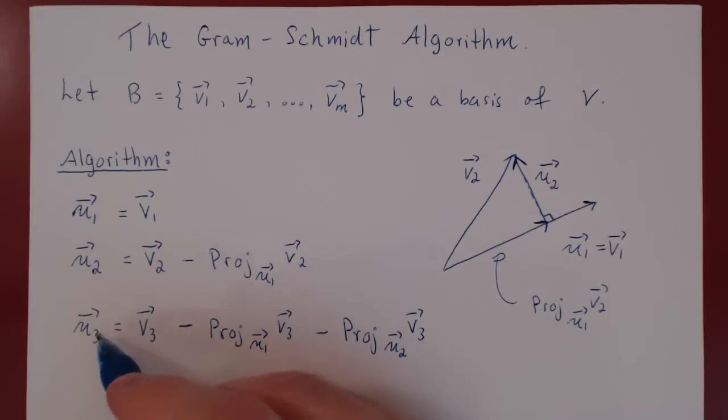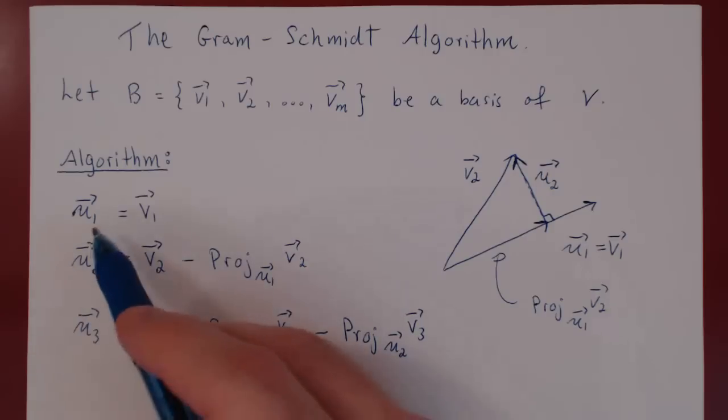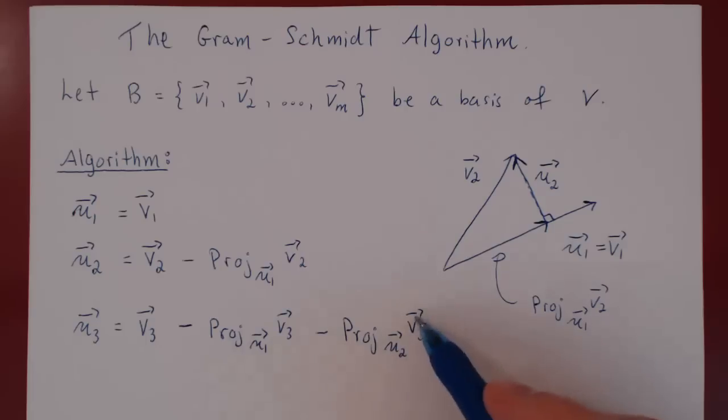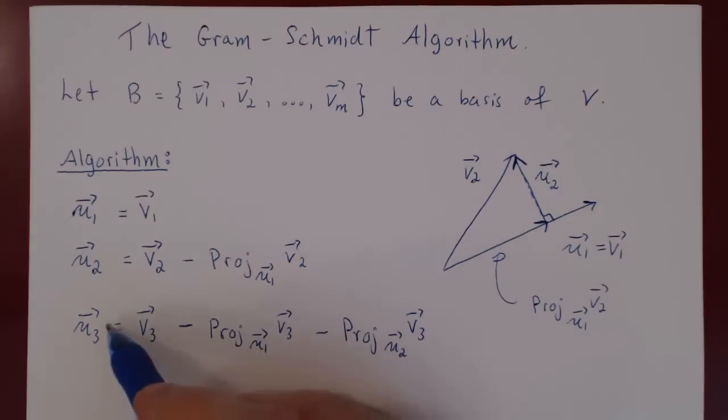So by removing the components of v3 that are along u1 and u2, you can easily check with the same argument that the vector u3 will be perpendicular to u1 and u2.